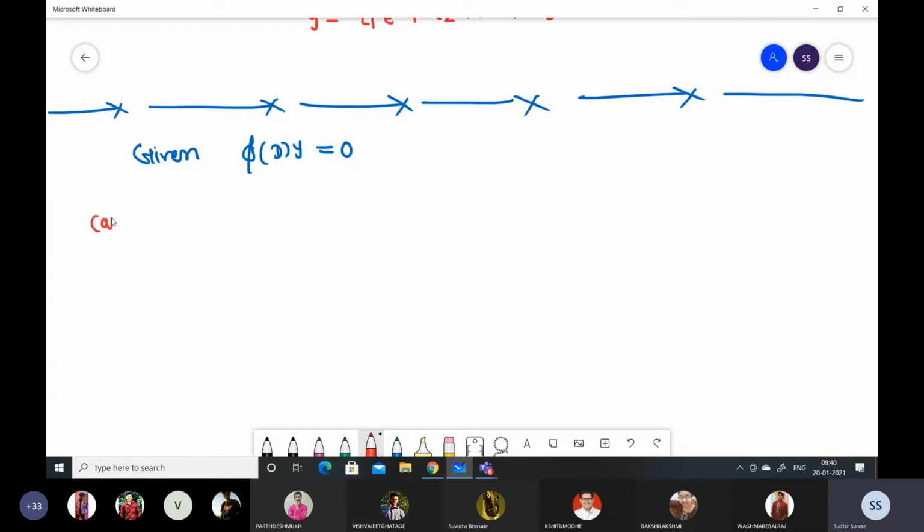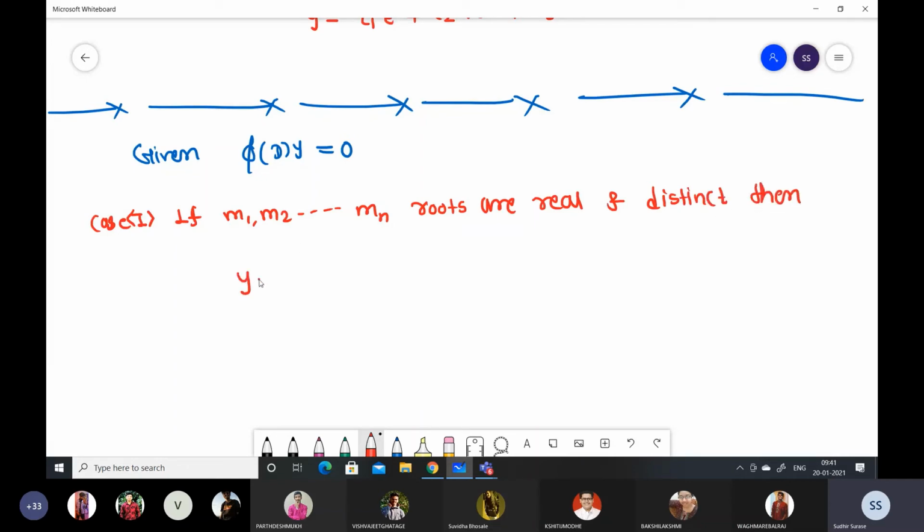Case number 1: if m1, m2 up to m suffix n roots are real and distinct, then y is equal to c1 e to the power m1 x plus c2 e to the power m2 x plus c3 e to the power m3 x, and so on.